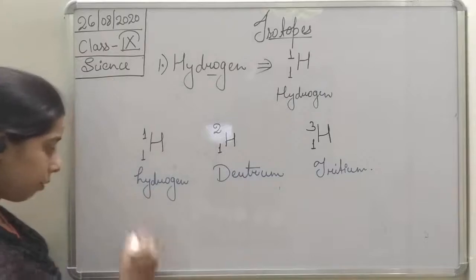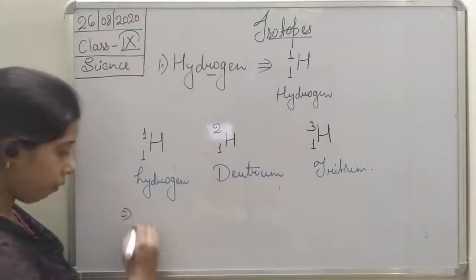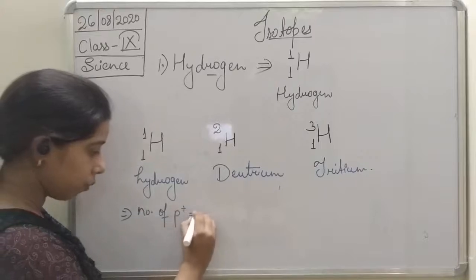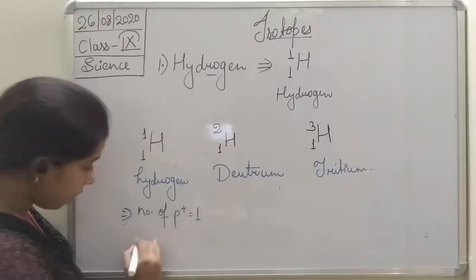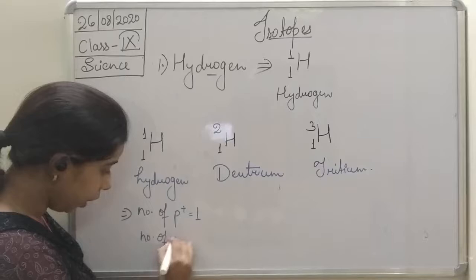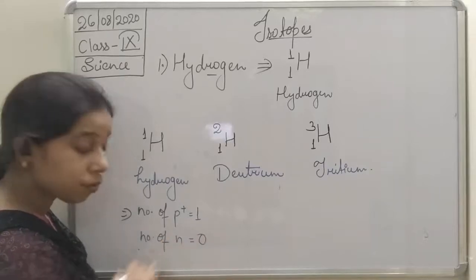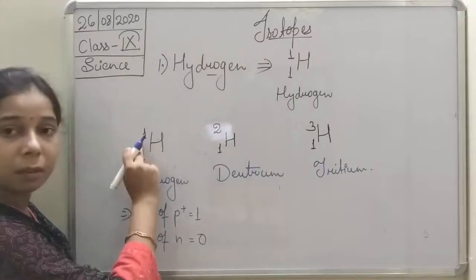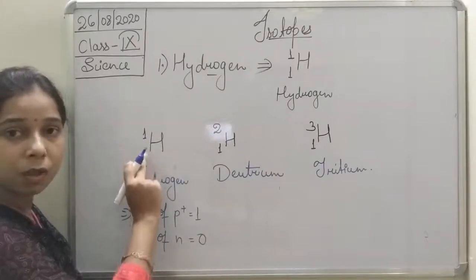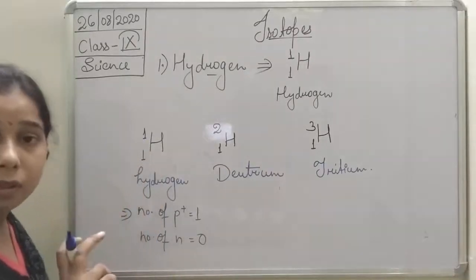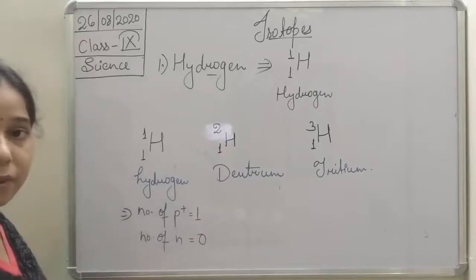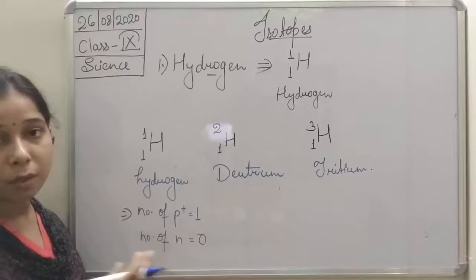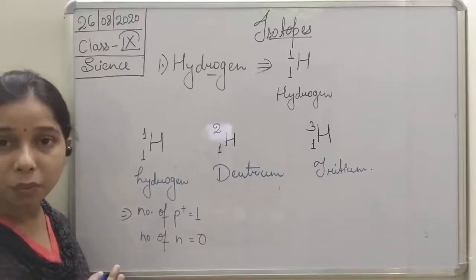Okay, so here if you see the number of electrons and protons, in case of hydrogen it will be 1, and number of neutrons will be equal to 0. Because the atomic number is 1 and the mass number is 1. So atomic number is equal to number of electrons, which is equal to number of protons, and number of protons is 1. So number of neutrons will be 0.